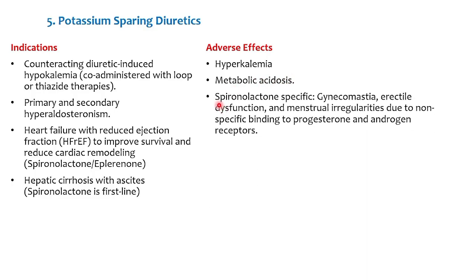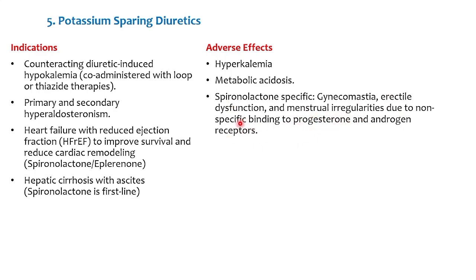Another adverse effect, especially when using the aldosterone antagonists, is that they not only block the aldosterone hormone, they also block other hormones. This may lead to gynecomastia, erectile dysfunction, and menstrual irregularities due to non-specific binding to progesterone and androgen receptors.